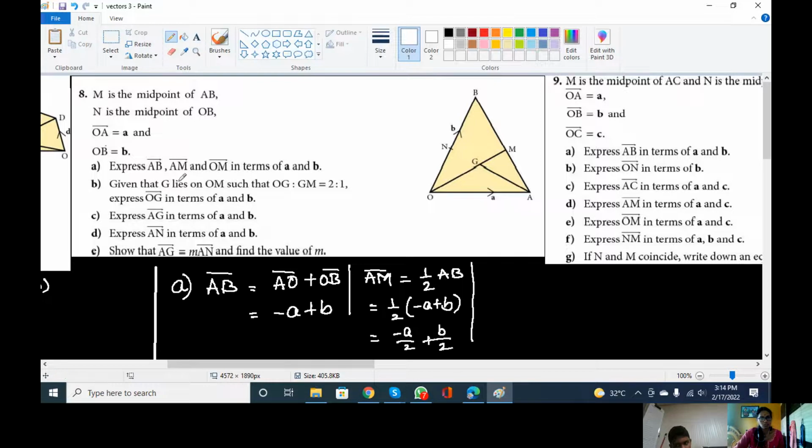Next OM. O to the M. We know AM, we know OA. So let's add both of the vectors, OA plus AM. OA is a plus AM, we already got b by 2 minus a by 2. So that is equal to a minus a over 2, which means 1 minus half is 1 by 2.